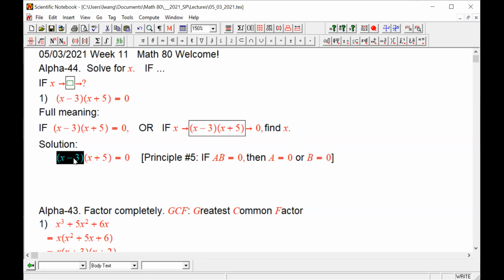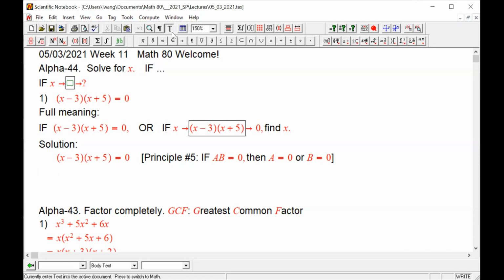We're going to view x minus 3 as A, x plus 5 as B. So the product of two numbers is 0, then one of them must be 0, right?